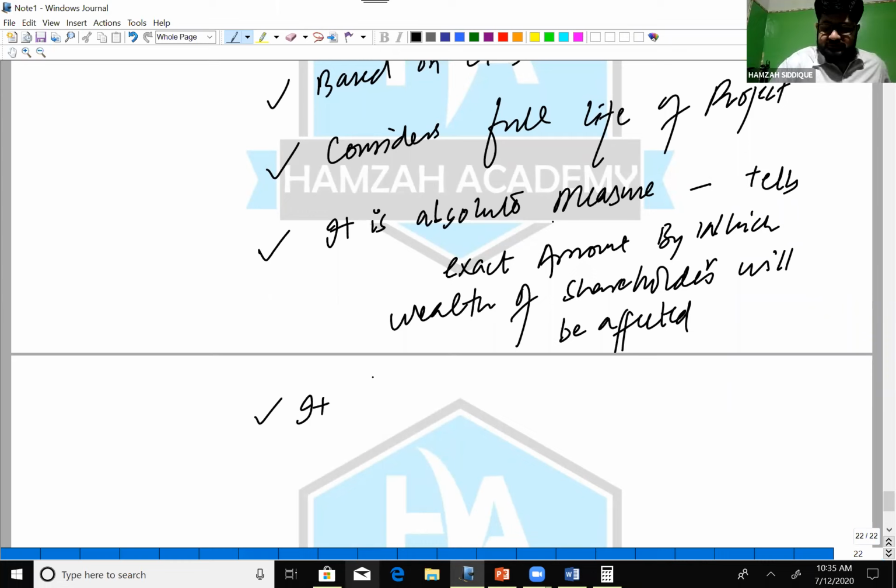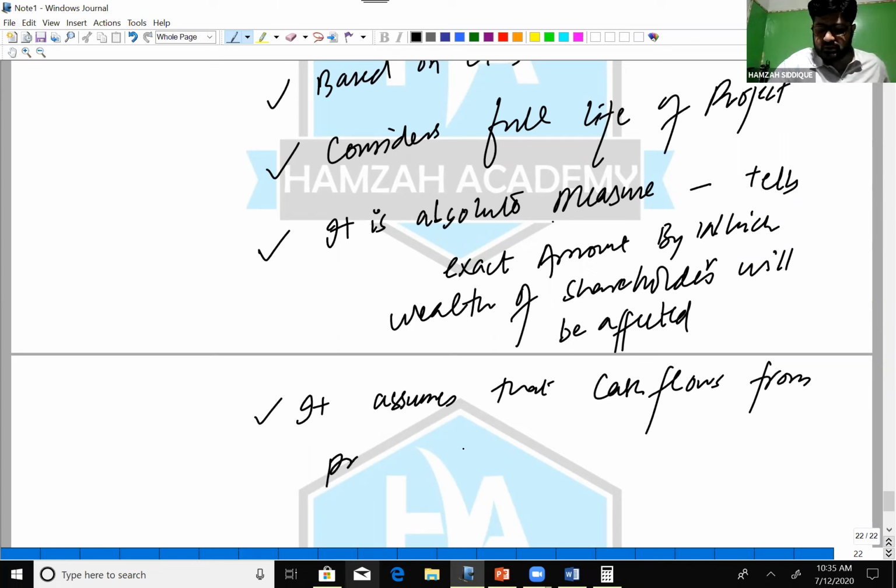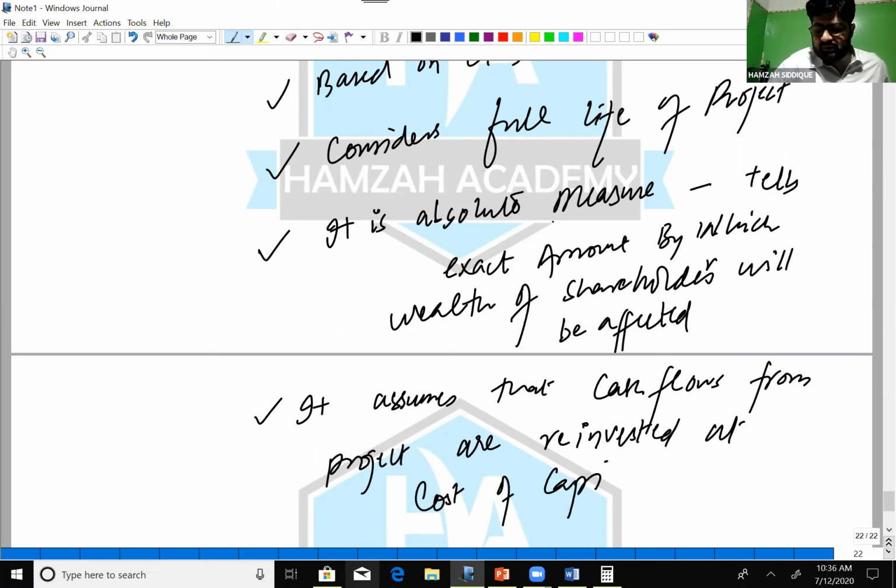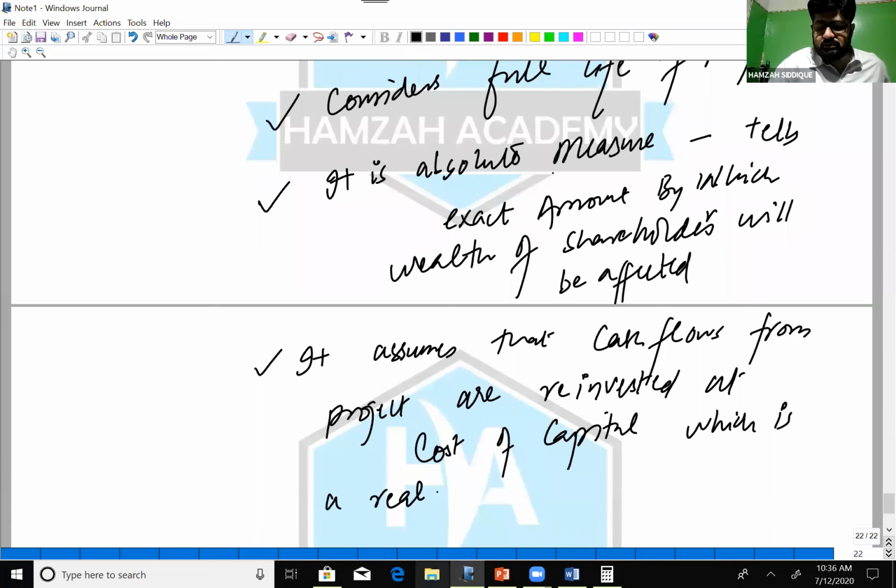It assumes that cash flows from the project are reinvested at the cost of capital, which is a realistic assumption. Just note it down.